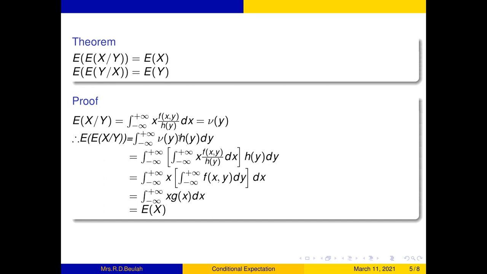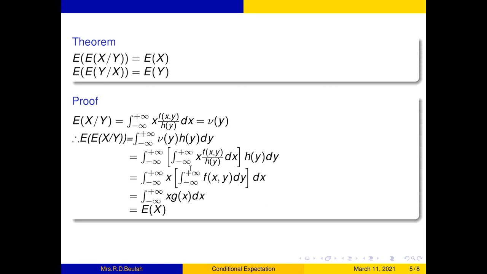Substituting the value for mu of y, we get the integral over minus infinity to plus infinity of the integral from minus infinity to plus infinity of x into f of x comma y divided by h of y into dx, into h of y into dy.